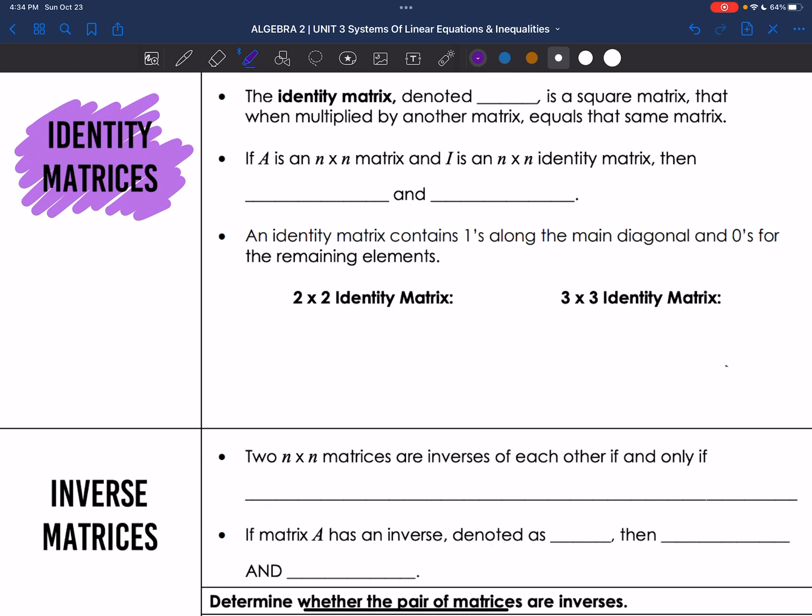The identity matrix is denoted with this notation. Whenever we're talking about the identity matrix, it's going to be a capital I to represent that matrix. It is a square matrix that, when multiplied by another matrix, equals that same matrix.